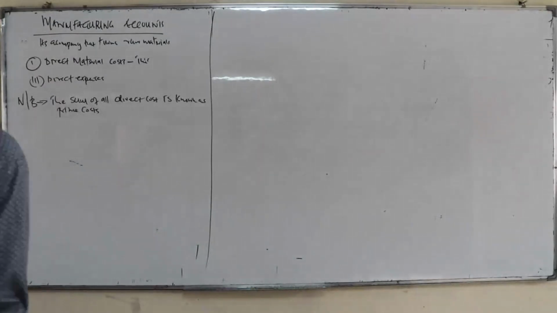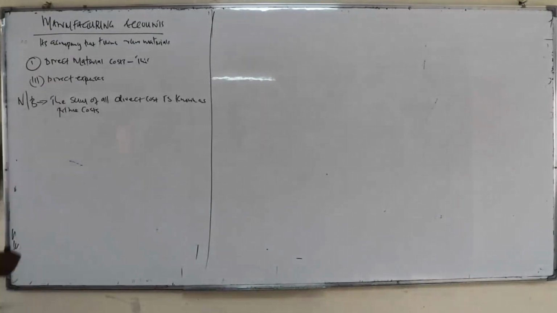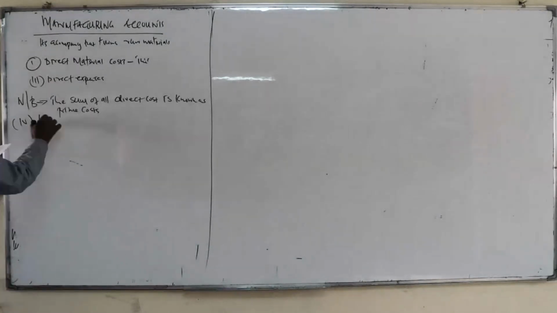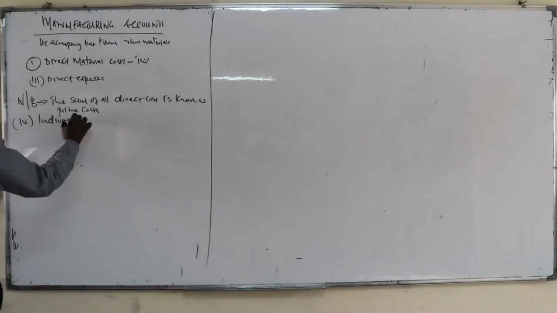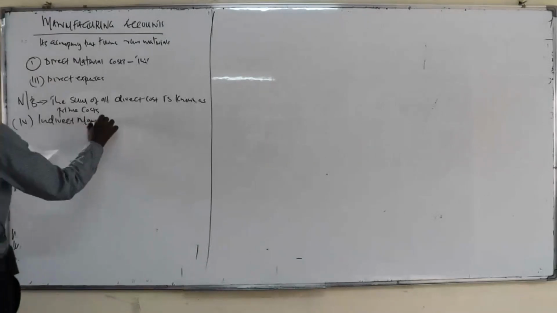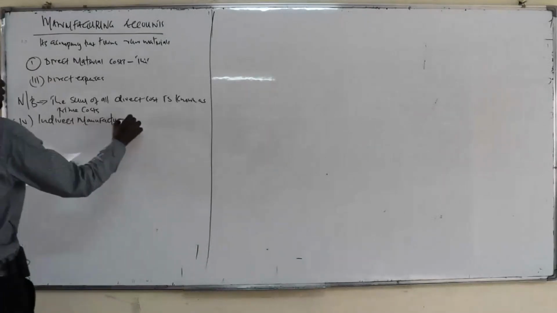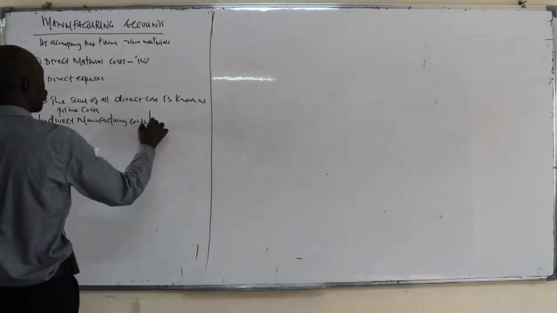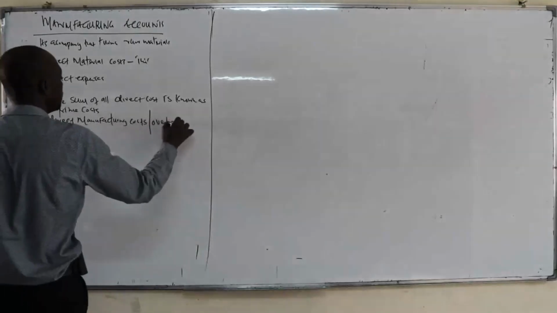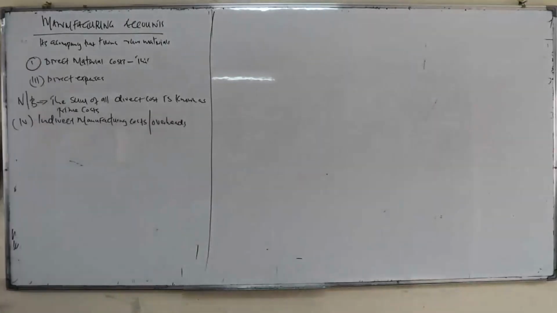And then cost number 4 is what we call indirect manufacturing cost, or overheads.